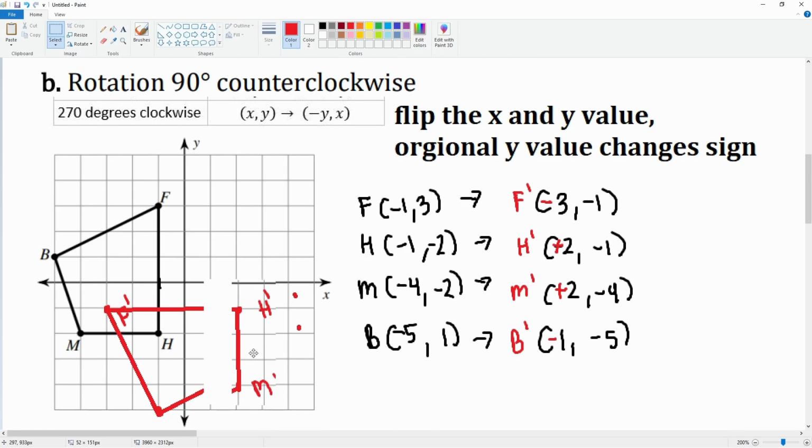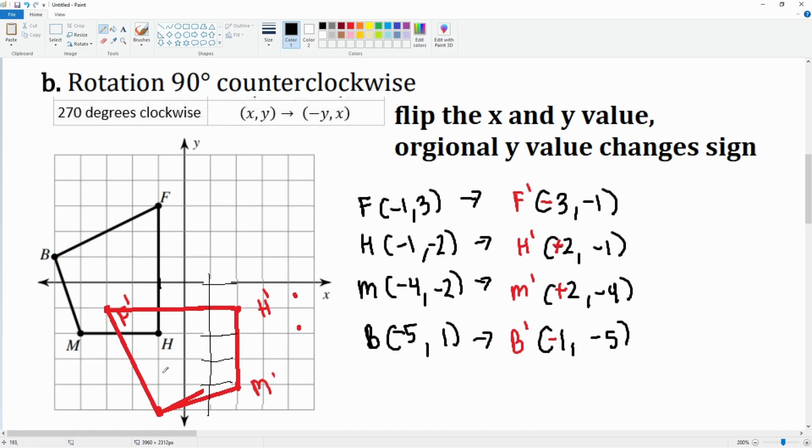It should be right here at -2. Okay, so there should be an extension right here. And then these lines should still be here. All right, it should look something like that. All right, that looks much better. So I got the coordinates correctly. I just drew it wrong.